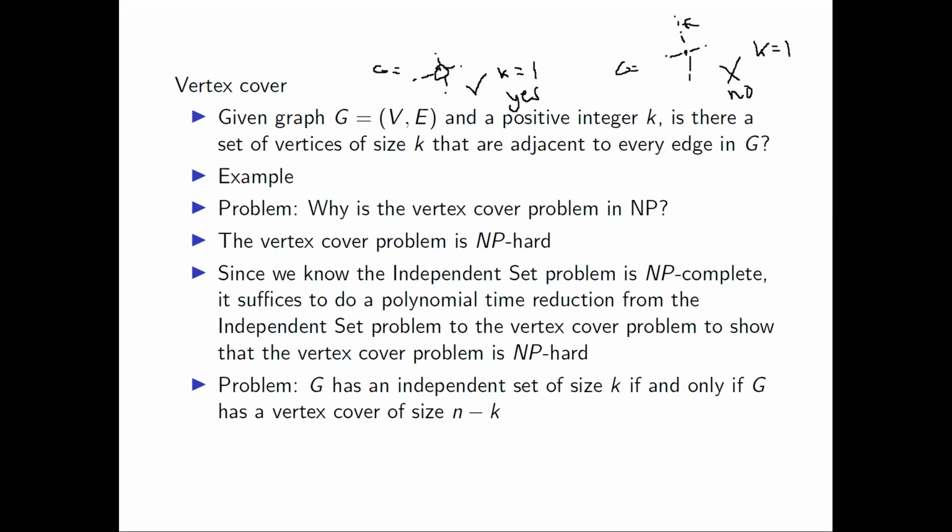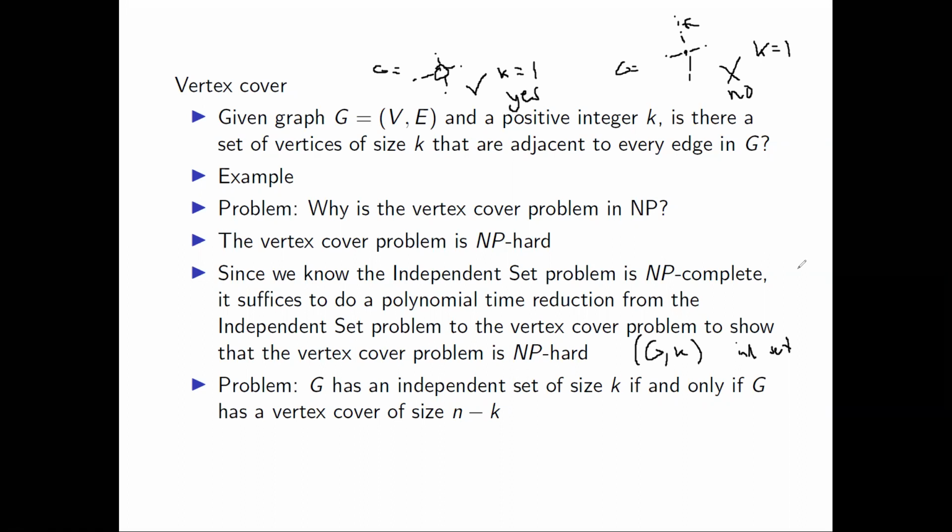And all we have to do, in order to answer whether an instance G, k for independent set has a yes or no answer, is take the graph G, not do anything to G, just keep it as it is, and see if G has a vertex cover of size n minus k. And I claim that G has an independent set of size k if and only if G has a vertex cover of size n minus k.